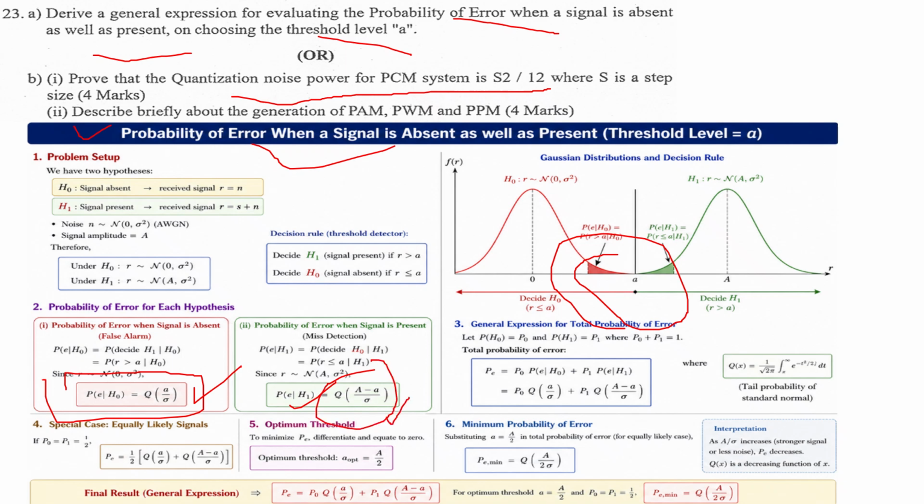After finding it, you can put in the values of P1 and P0; since it is a binary signal, both are equiprobable. So you can find the probability of error, and that will be Q of A by twice sigma. And what is this Q function? The Q function is nothing but 1 over square root of 2 pi, the integral from x to infinity of e to the power minus x squared by 2 dx, right?